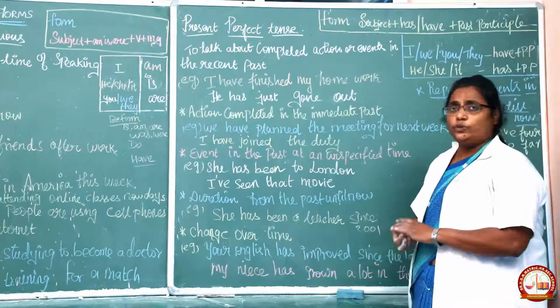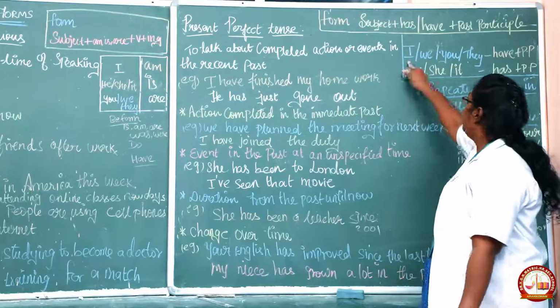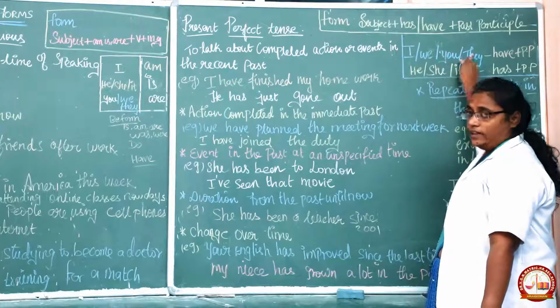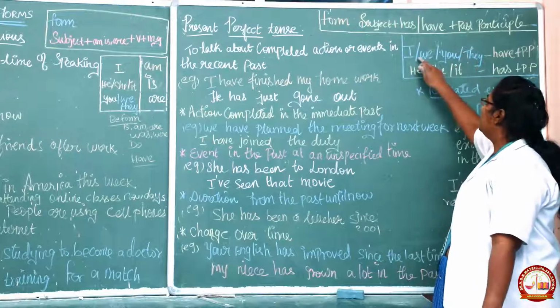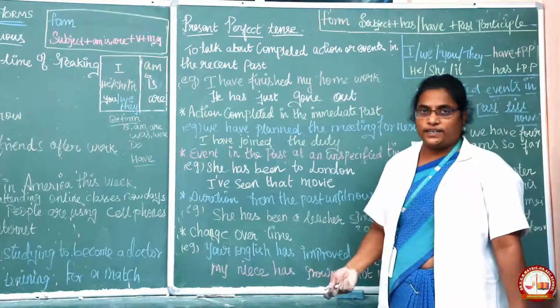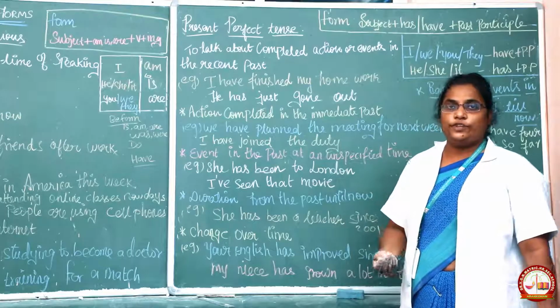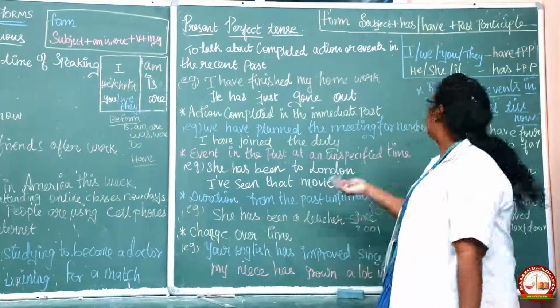So when do we use have and when do we use has? See here: I, we, you, they, we have to use have plus past participle. When you are using he, she, it, then you have to use has plus past participle.